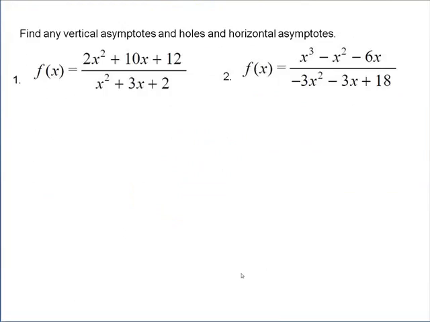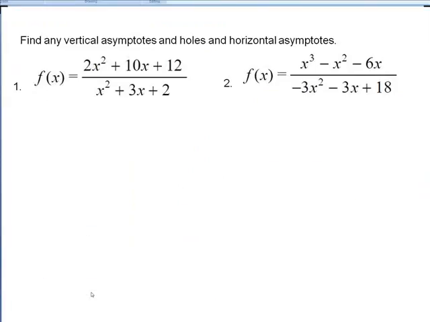Now let's take a look at an example. Find any vertical asymptotes, holes, and horizontal asymptotes. First we need to factor this problem. On top we first factor out the 2, and you end up with x squared plus 5x plus 6.